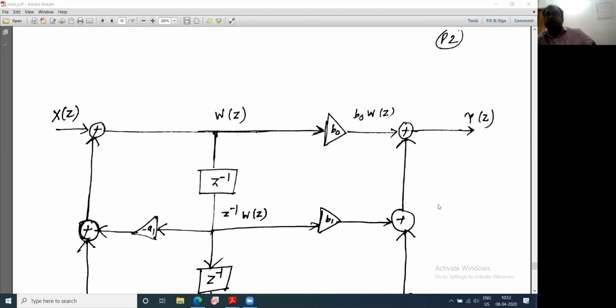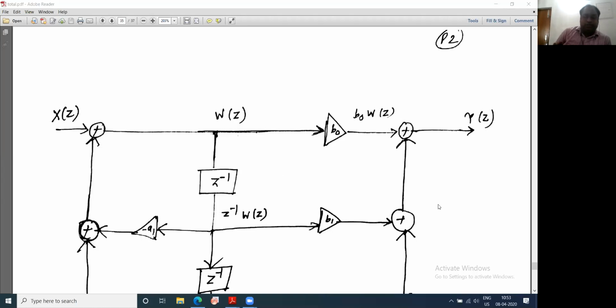FIR system realization is much simpler because there is no denominator. So the realization is straightforward. We will learn that also in the FIR filter design section. So the realization of an FIR filter is much easier. However, IIR system realization has some complication because you have both numerator and denominator, whereas only the numerator is there for an FIR system.